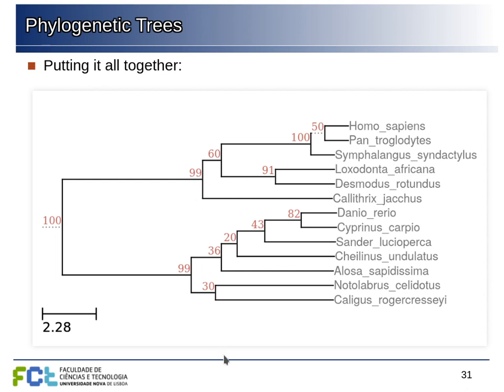This also occurs very often in the replicas and so forth. So basically, by looking at how often the particular groupings of species appear in our replica trees, we have an idea of what confidence we can have on each particular branching.